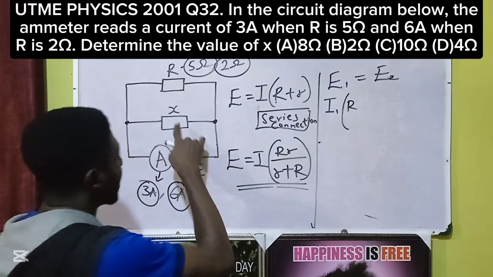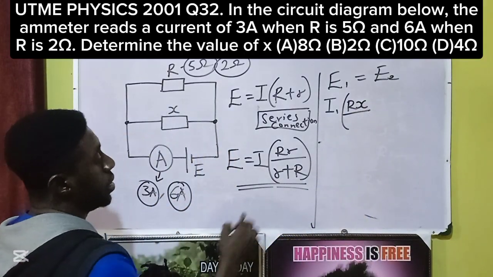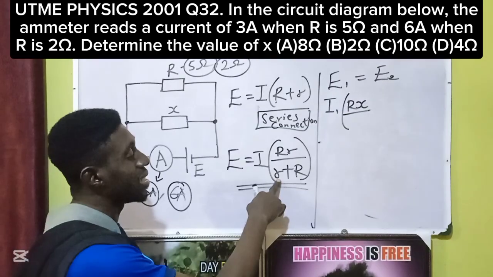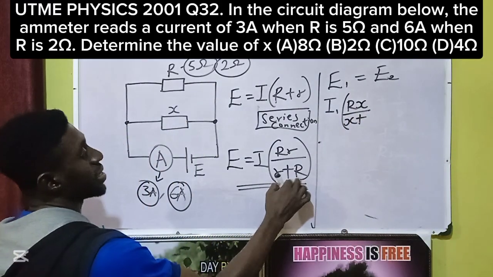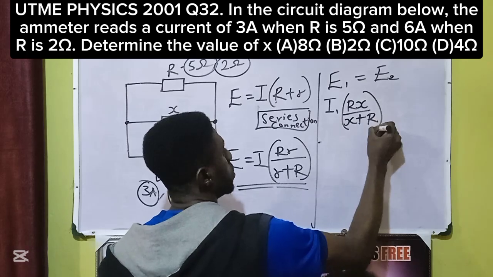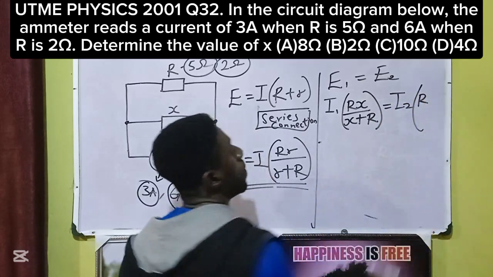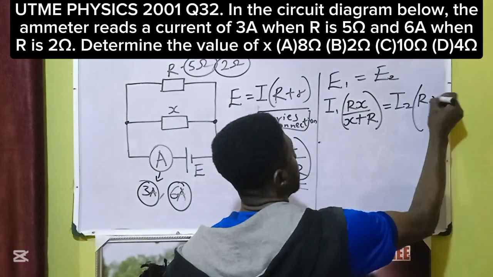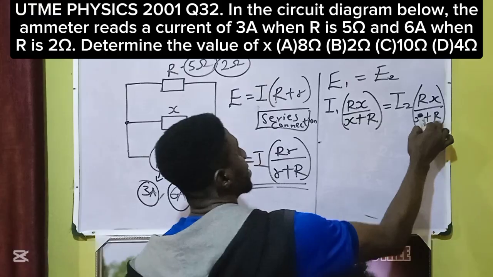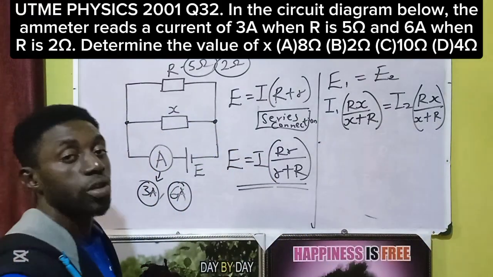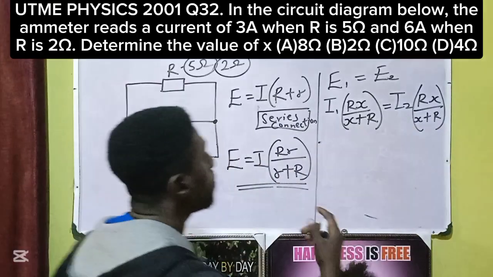Multiply the internal resistance, X, which is constant all through, over the small r again, which is the internal resistance, X, plus capital R again, close it, equal to current in the second experiment, capital R in the second experiment, internal resistance over X again plus external resistance in the second experiment. We can now solve. Recall, the question says we should find the internal resistance X. Okay, we'll now push ahead.